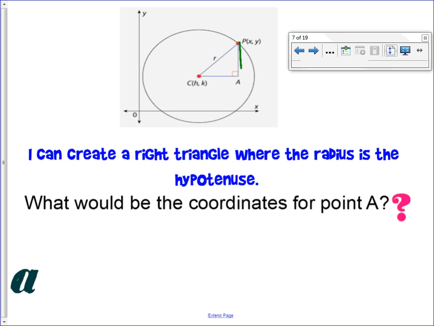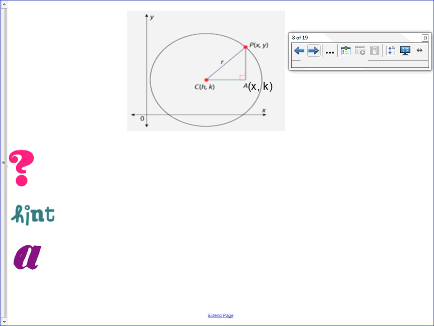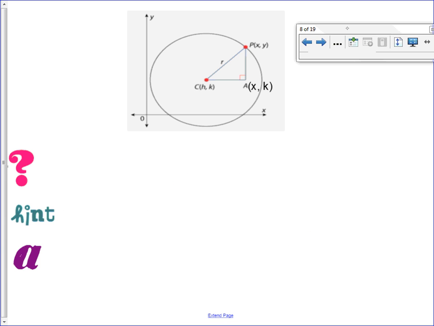The x value is the same as this, so x, and then the y value is the same as this, so k. So (x, k). Alright, so now I've discovered that these coordinates are (x, k).